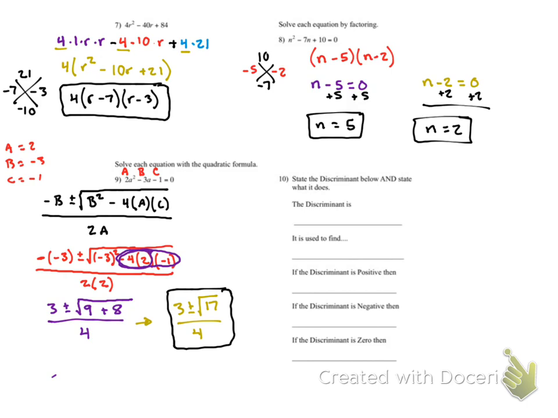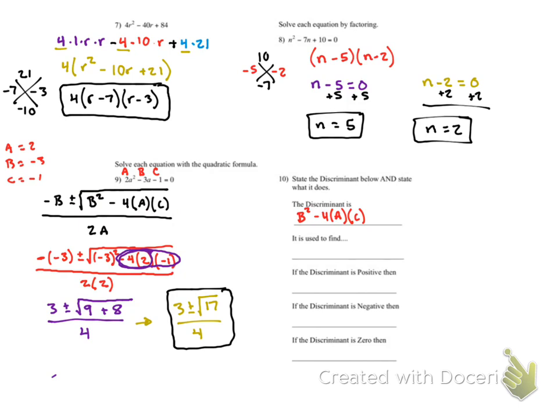Number 10, state the discriminant below and state what it does. So the discriminant is this part of the quadratic formula here: b squared minus 4 times a times c. Again, we just pulled it right out of the quadratic formula.